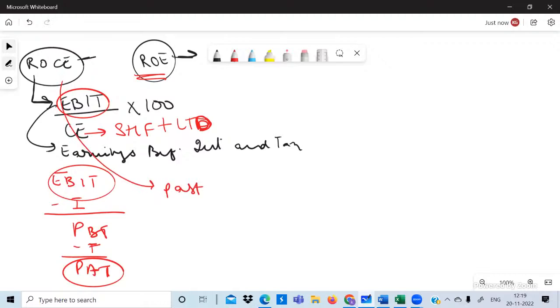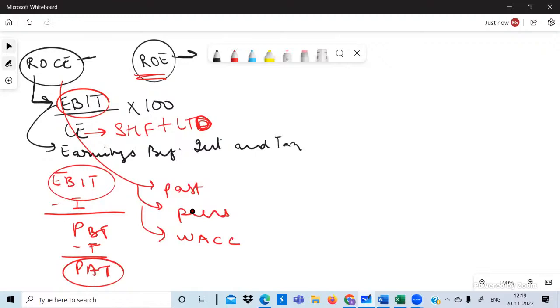So see what's happening within the company, compare yourself with the peers, and here you'll compare your return on capital employed with WACC, which is weighted average cost of capital.